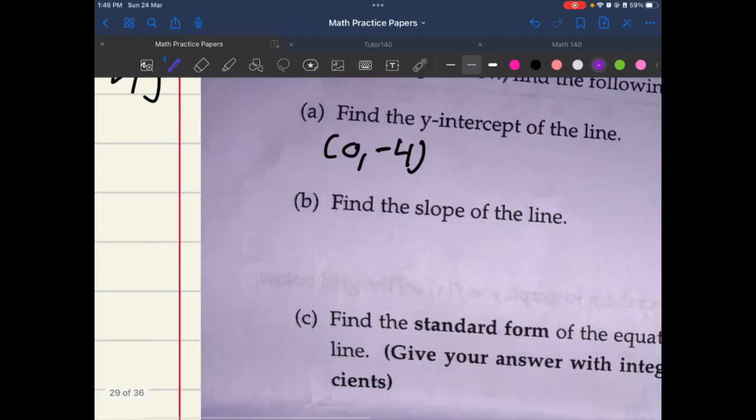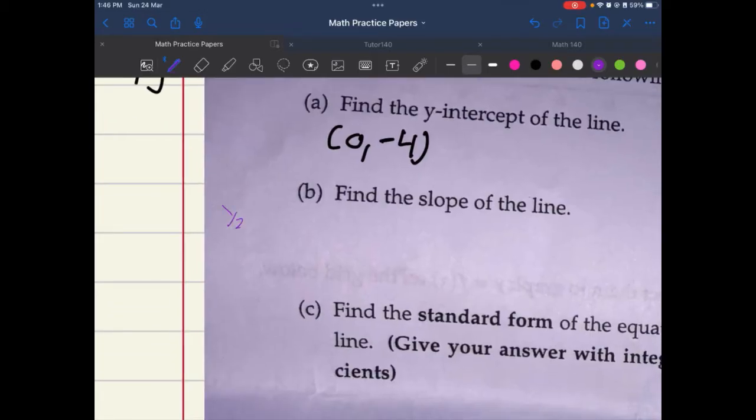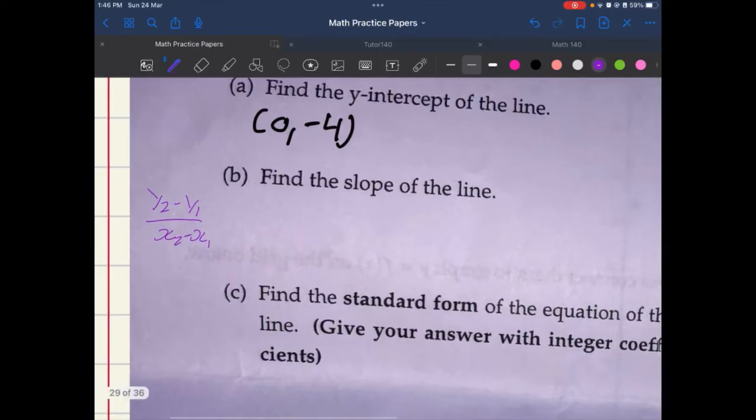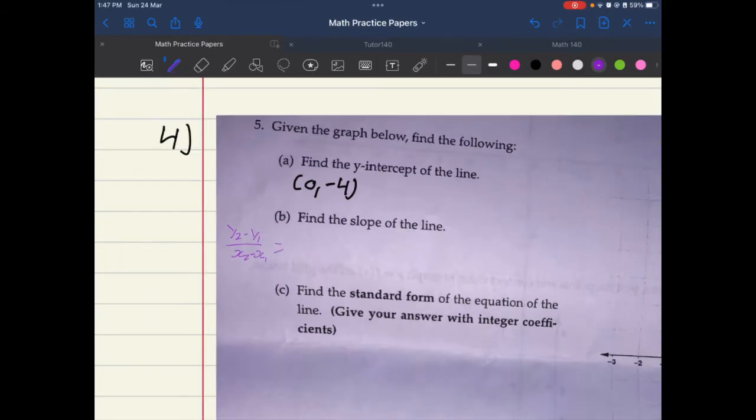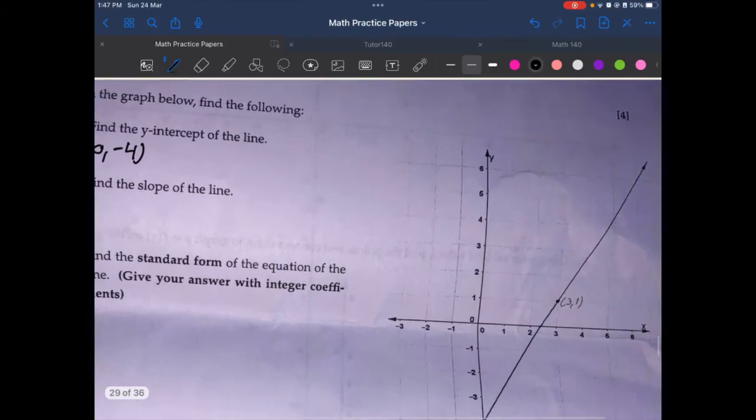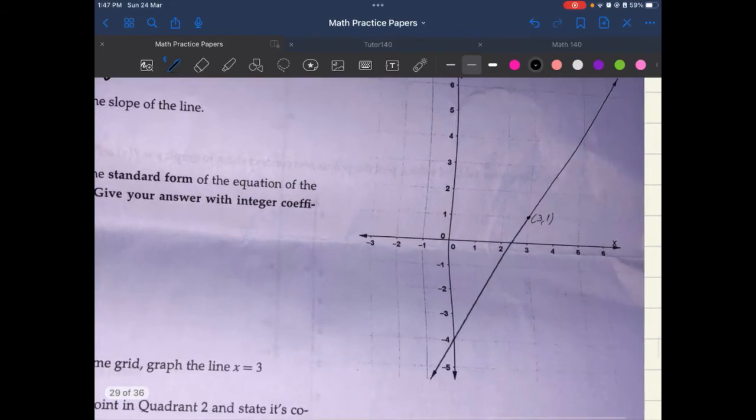To find the slope, the formula is y2 minus y1 over x2 minus x1. So the point we found was 3, 1, and then we can use the y-intercept, 0, negative 4.